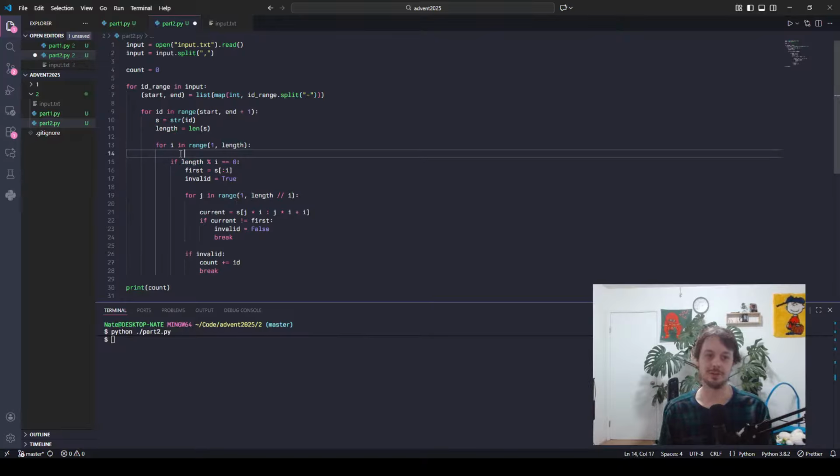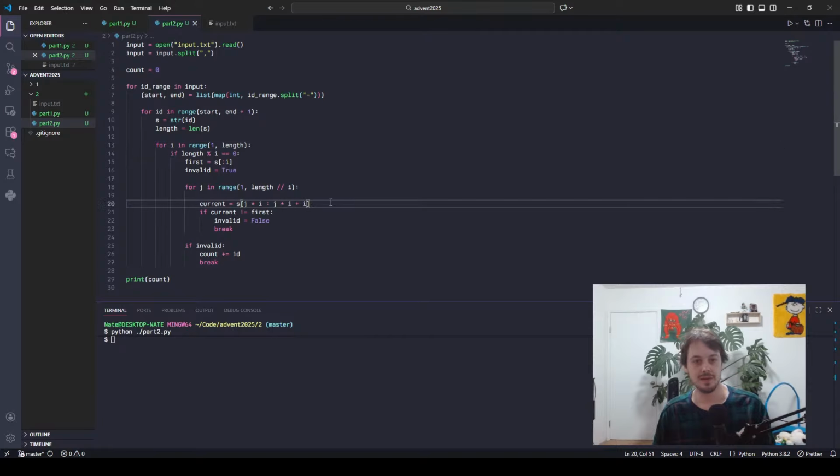So again, if I have a group of 4 numbers, if I is 2, that means I'm going to have 2 segments, or 4 divided by 2. So I'm going to have to go through twice. And then I break it off. So the previous segment is going to end at j times I. So that's where I'm going to start here. And then I need to go I additional places.